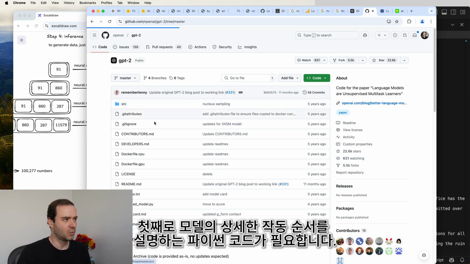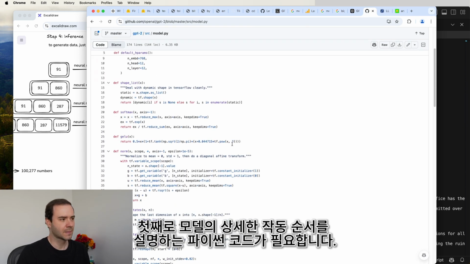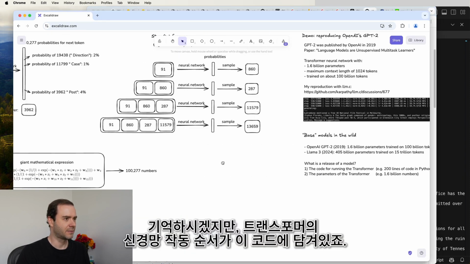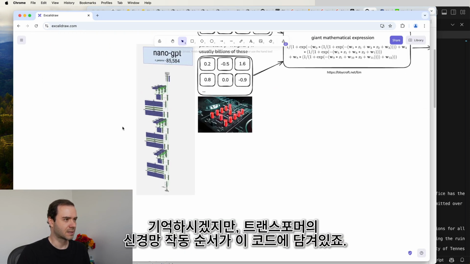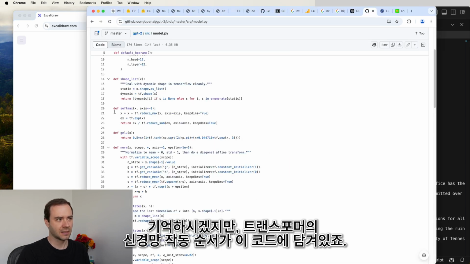Number 1, we need the Python code, usually, that describes the sequence of operations in detail that they make in their model. So if you remember back to this transformer, the sequence of steps that are taken here in this neural network is what is being described by this code.